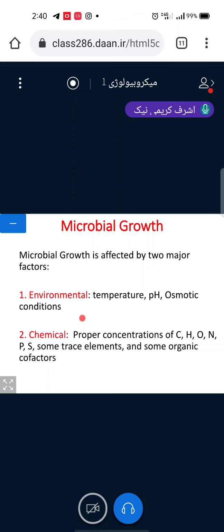I will explain about chemical and environmental factors involved in microbial growth this session.